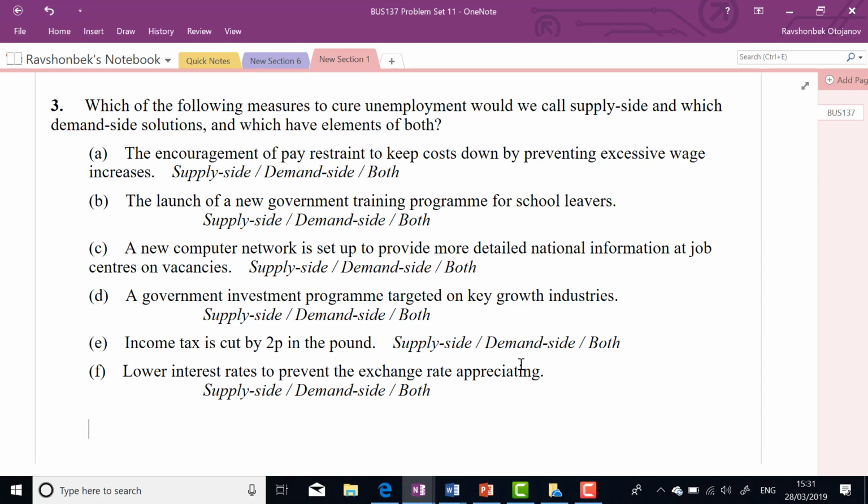B. The launch of a new government training program for school leavers. Supply. Why? Because they are providing new knowledge to people, so they can produce more, more efficiently. More knowledgeable, more trained, more efficient maybe.